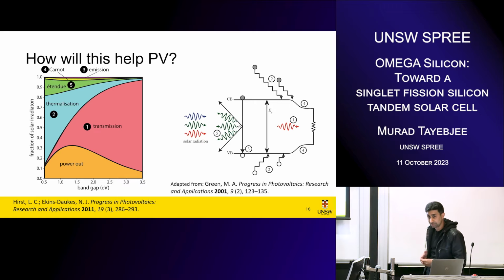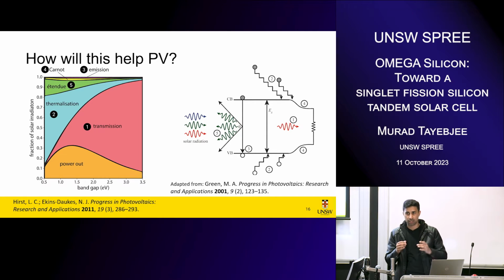how will this help photovoltaics? Okay, so I don't really need to tell too many people in the room about this diagram, but I'll just very briefly go into it. All right, if you have a single threshold photovoltaic cell, that is where you only have one absorbing threshold between your valence band and your conduction band, this beautiful work by Louise Hurst and Ned basically was able to show where all that energy, that fraction of incident radiation, where it all goes as a function of band gap.